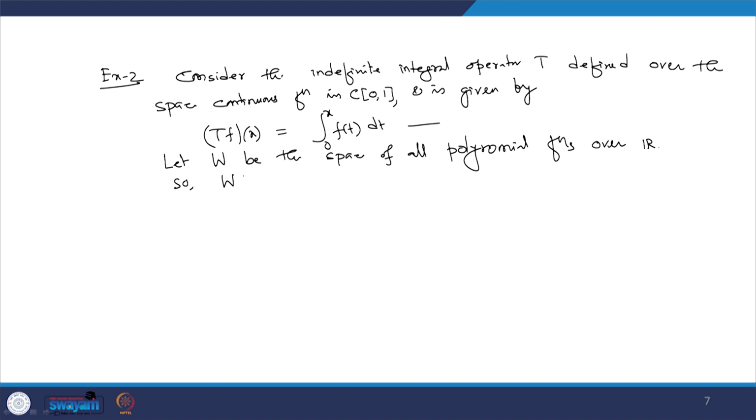So W will be a subset, and also a subspace, of C01.